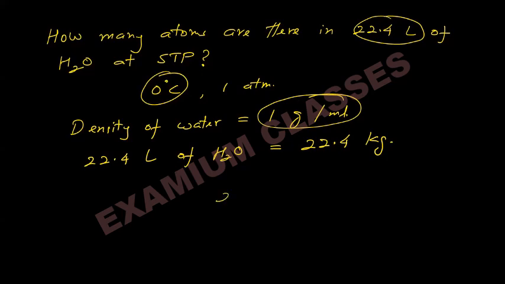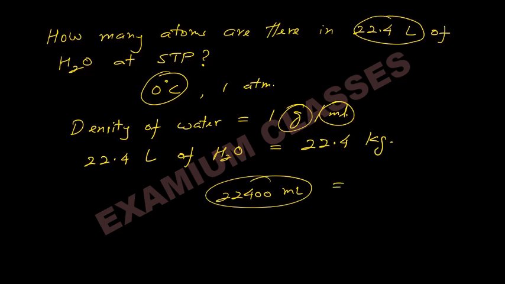Because it will be 22,400 milliliters, and 1 milliliter is equal to 1 gram. 1 gram per ml means there is 1 gram in 1 milliliter. So these many milliliters, 22.4 liter means 22,400 milliliter means 22,400 grams.